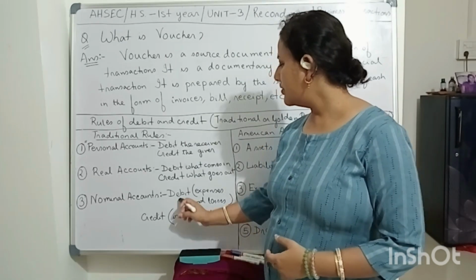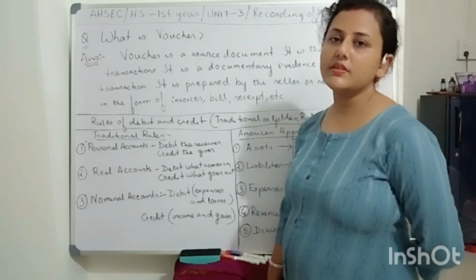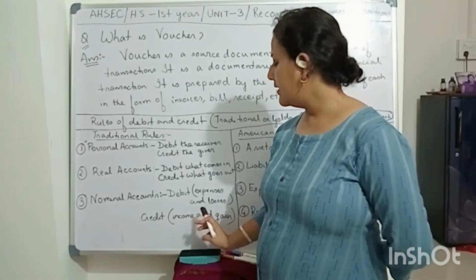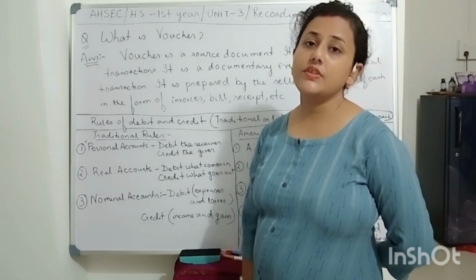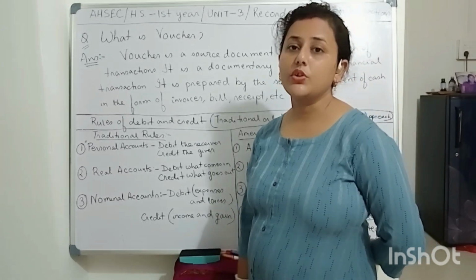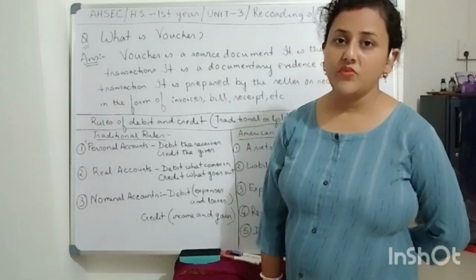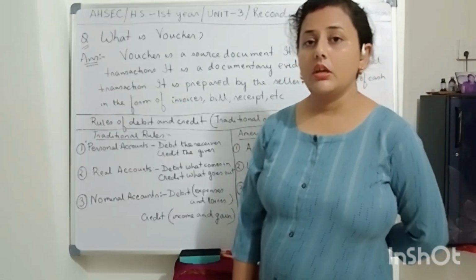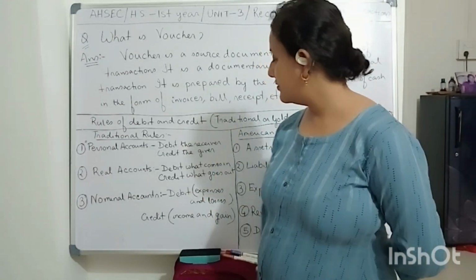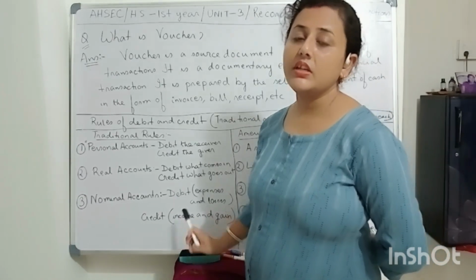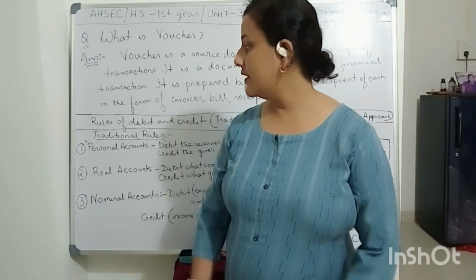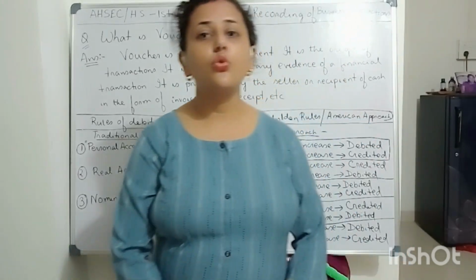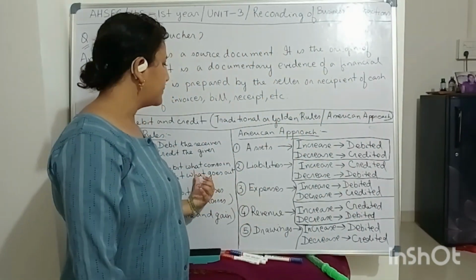Debit all expenses and losses and credit all incomes and gains, like interest received, dividend received. These are income of the business, so these income accounts are credited. That is said in the traditional, or golden, rules of accounting.